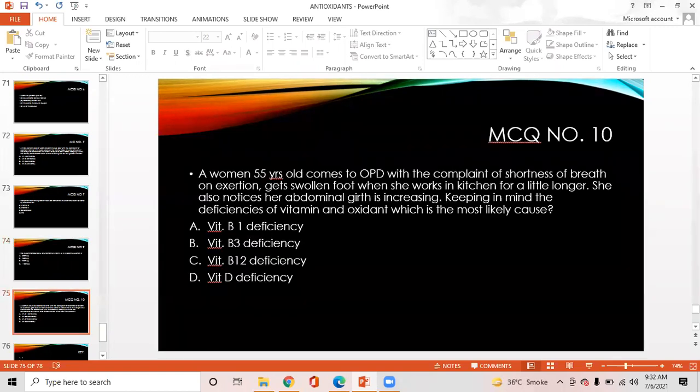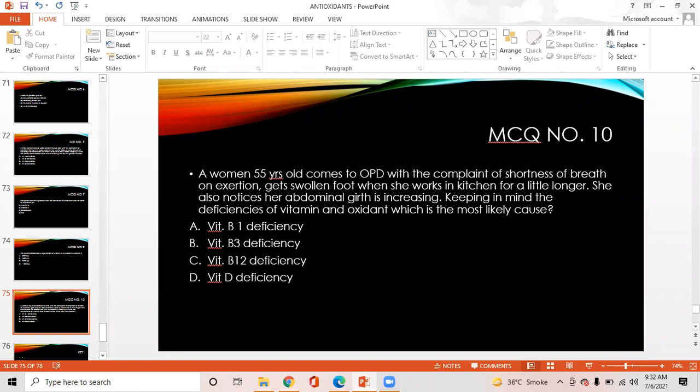A 55 year old woman comes to OPD with the complaint of shortness of breath on exertion and swollen feet when she works in the kitchen for a little longer. She also notices her abdominal girth is increasing. Keeping in mind the deficiencies of vitamins and antioxidants, what is the most likely cause?